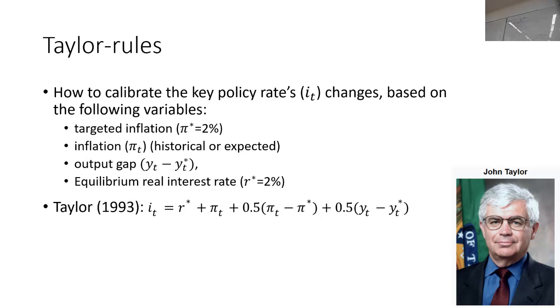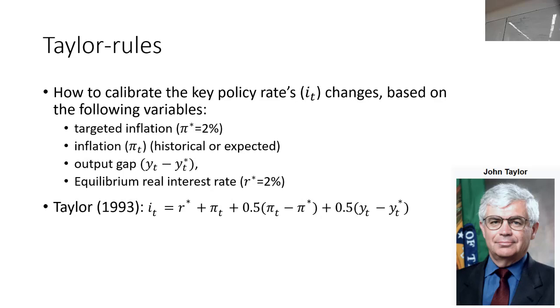So, in this framework, he was saying that if we are trying to determine the key policy rate, which is i here, then we have to consider the following variables. First of all, this unknown variable: the equilibrium real interest rate.